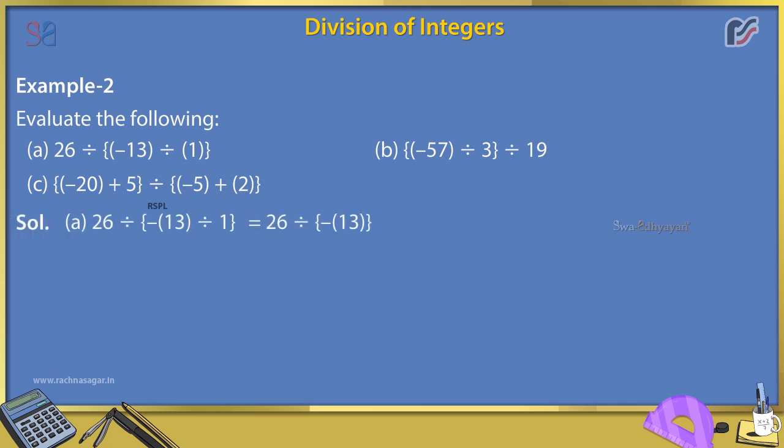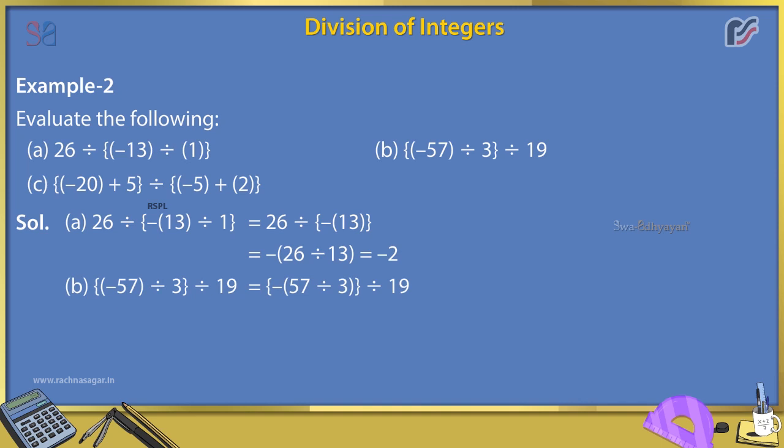Solution. A. 26 ÷ (−13) ÷ 1 is equal to 26 ÷ (−13), which is equal to −(26 ÷ 13), which is equal to −2.